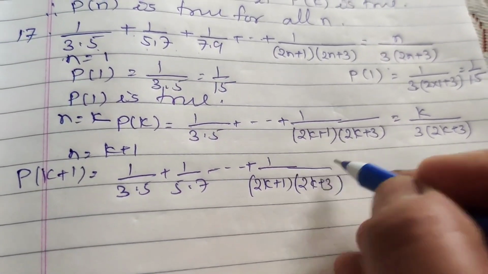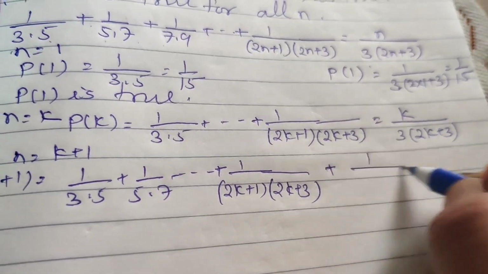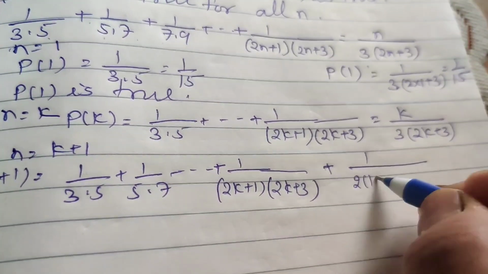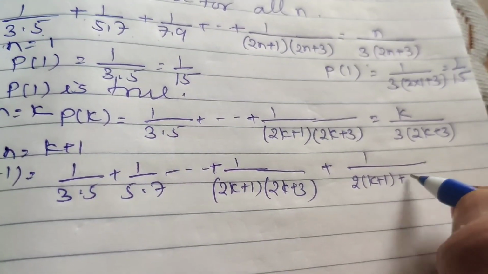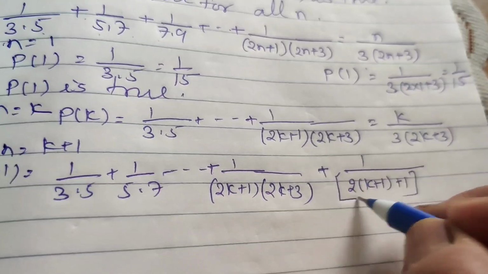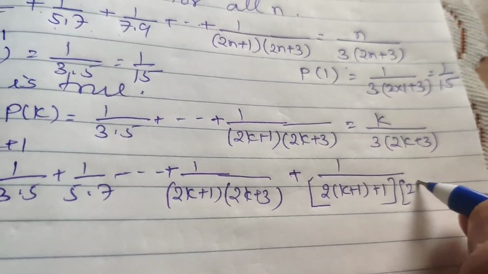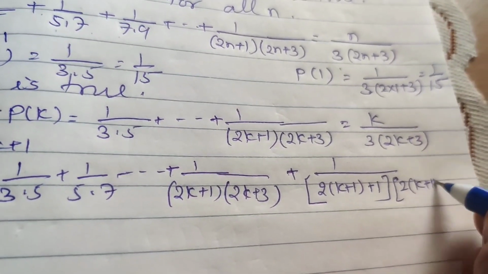The next term for k plus 1 is 1 upon (2 times k plus 1 plus 1) and (2 times k plus 1 plus 3).